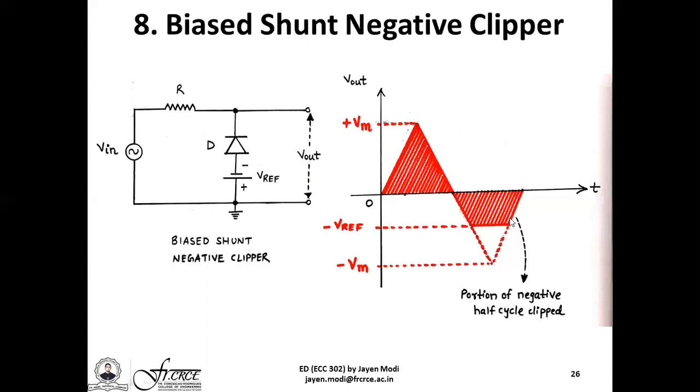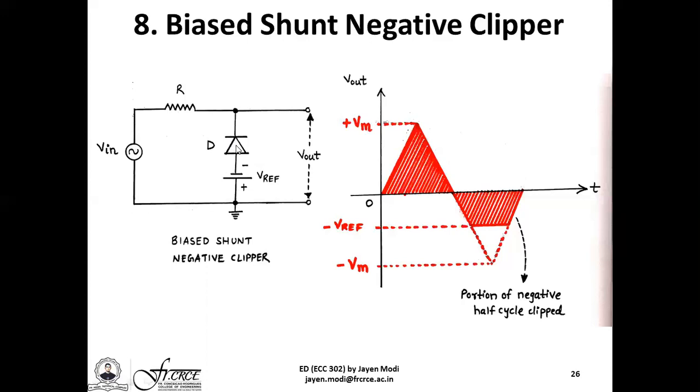So what we are able to see is that when the AC input signal negative cycle is below the peak reference level of Vref, the diode, since it is open circuit, reverse biased, the same signal can come across the output. However, once the AC input signal breaches minus Vref, it simply turns the PN junction diode on.